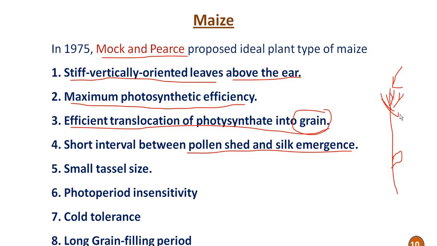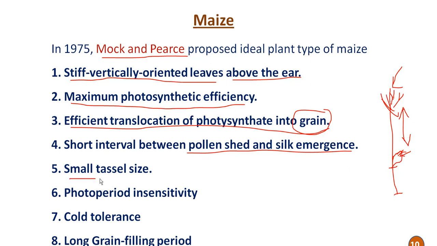It is the male inflorescence, while the female inflorescence, the cob or silk, is present at the lower side. The difference between these two in days plays an important role in pollination. So a short interval between pollen shed and silk emergence is preferred in case of maize.